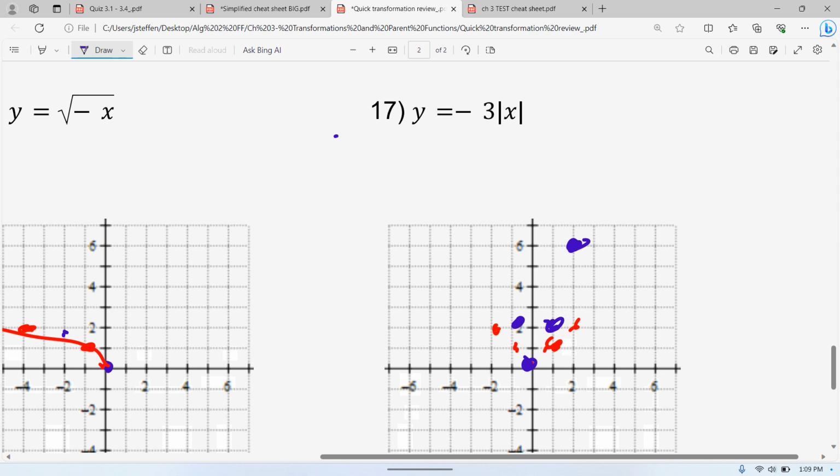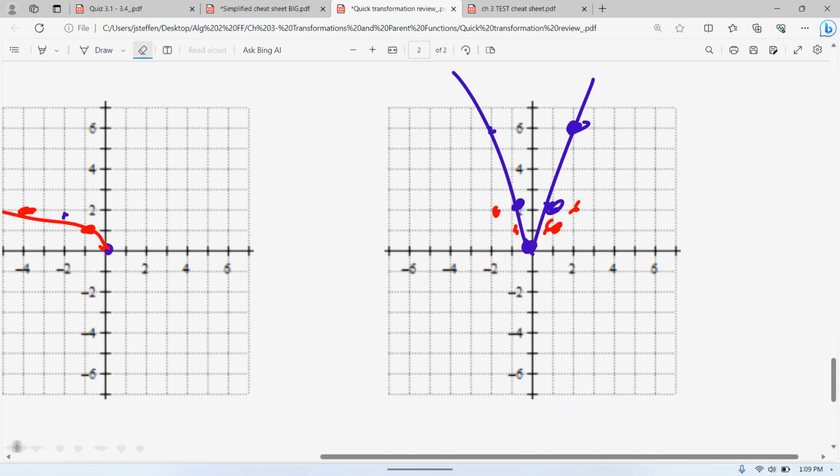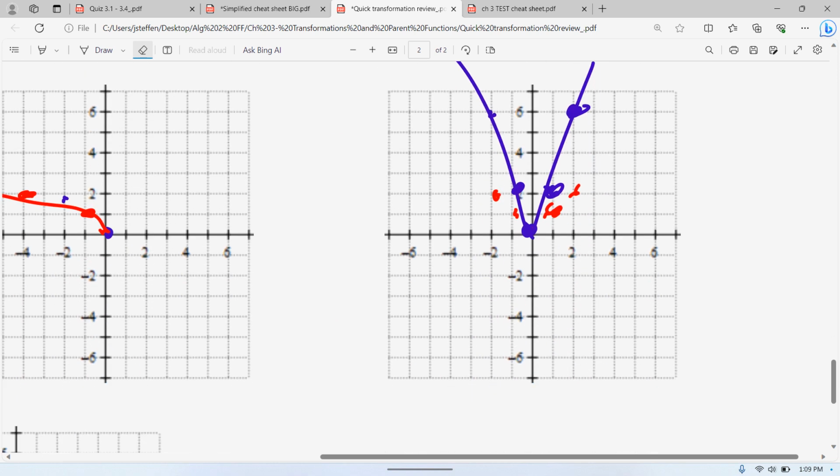Make sure it is somewhat of a V shape. We're not done yet. So I just multiplied everything. I stretched it, but now I need to reflect it. Again, just make sure it's on the same scale. This one is up 1, 2, 3, 4, 5, 6.